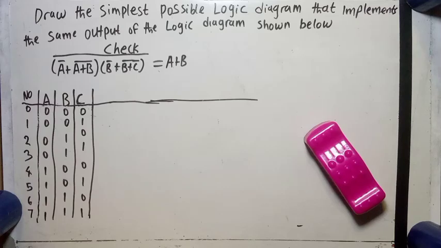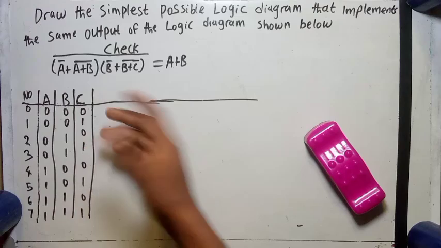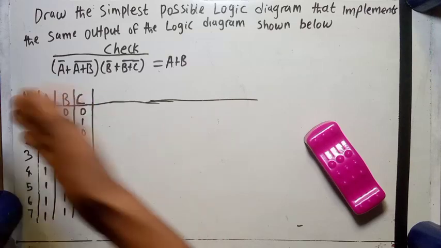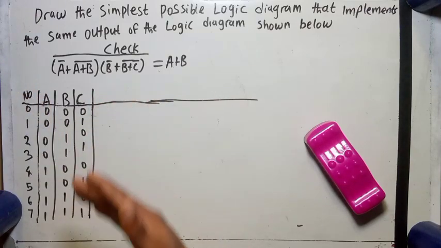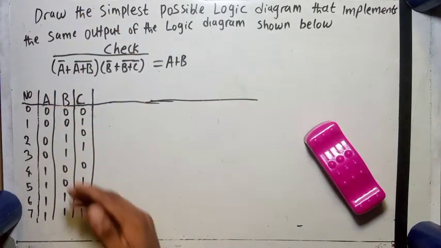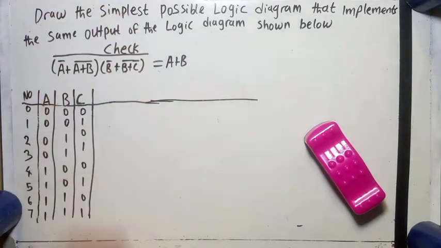This method is quite faster and easier. If we have 4 variables to work with, we have 16 different combinations, and for the next one, we'll have 8 zeros, 8 ones. That's just the order it goes.